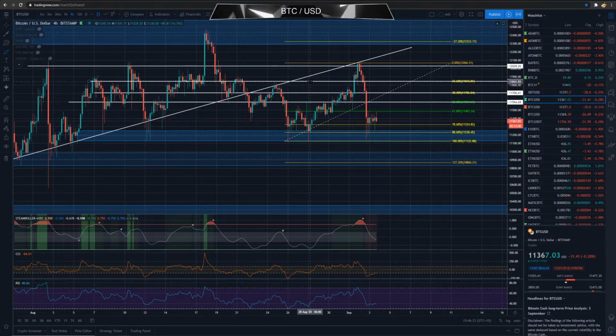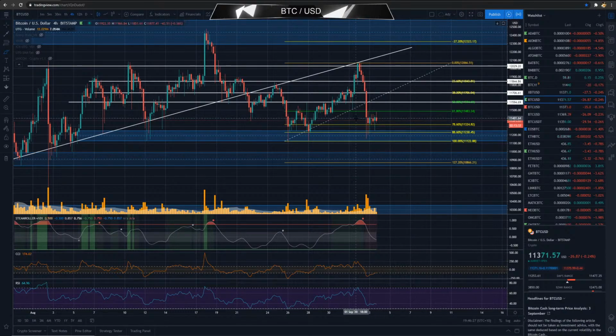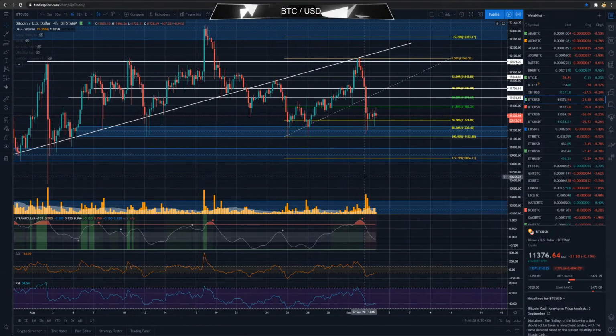However, I don't think there's enough steam left in the tank to push us up higher, back towards this 12K level. I do think we'll probably see 11K finally, and we'll make our decision on the overall market there. Yeah, totally agree with that.